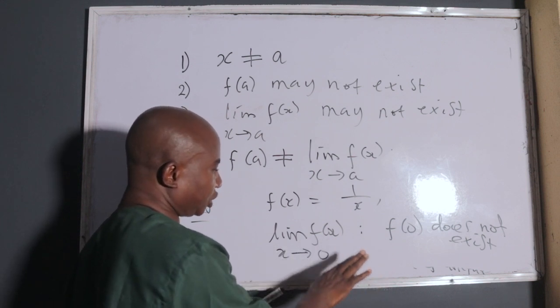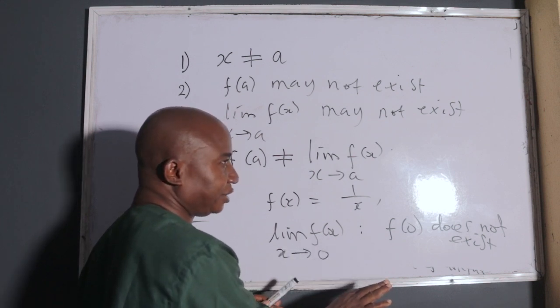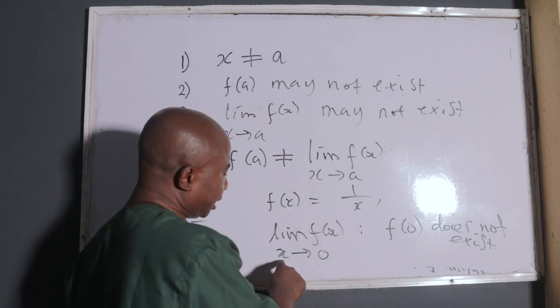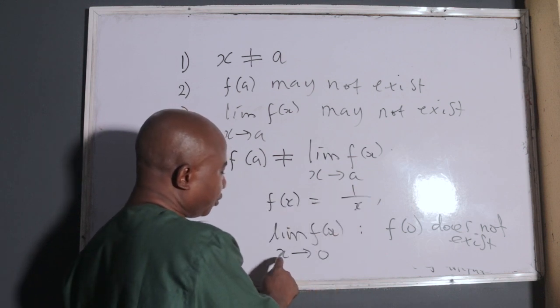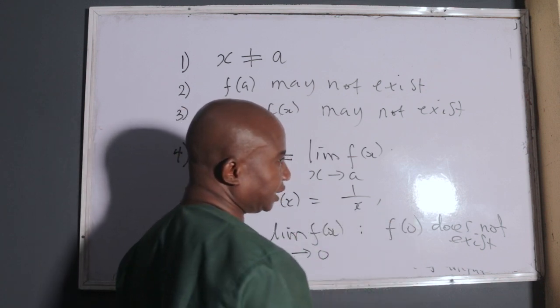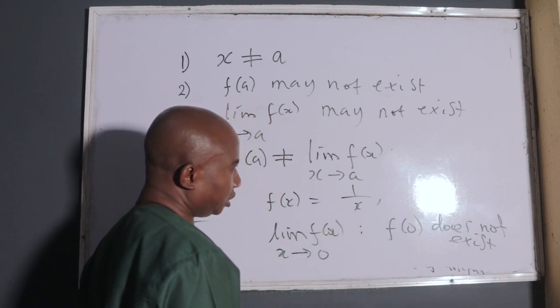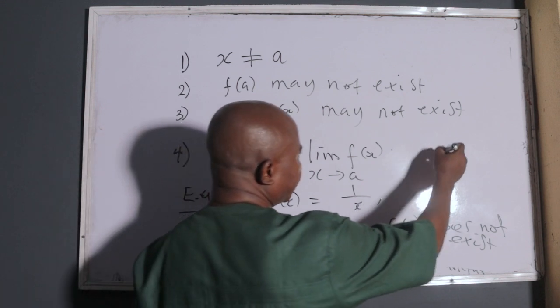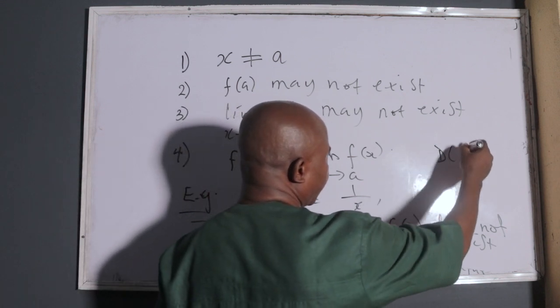But for the discussion we have here, I'm going to keep it here. As you progress further in your career, you will see that it suffices for this point a to be a member of what we call the derived set of the domain of f.